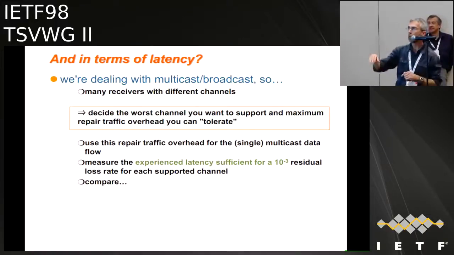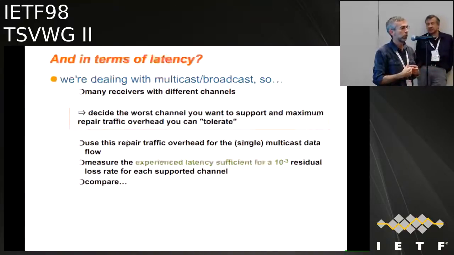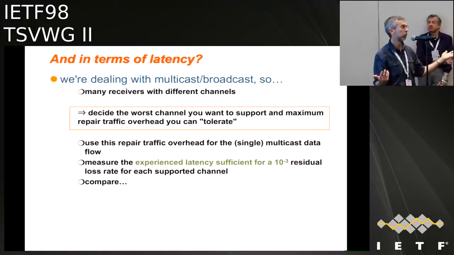I have 2 additional slides on the impact on latency. The result is that latency is much lower with RLC codes. The latency experienced by the destination, by the receiver, depends on the quality of its channel. We're considering multicast channels, so we have a single source flow that will address all the receivers, some of them having good reception conditions, others having bad reception conditions.